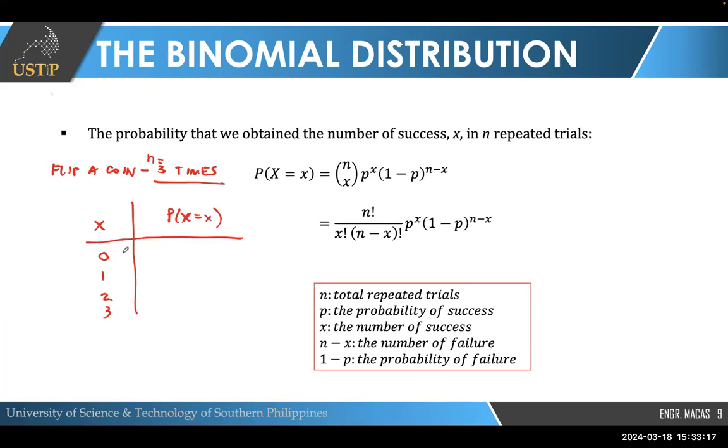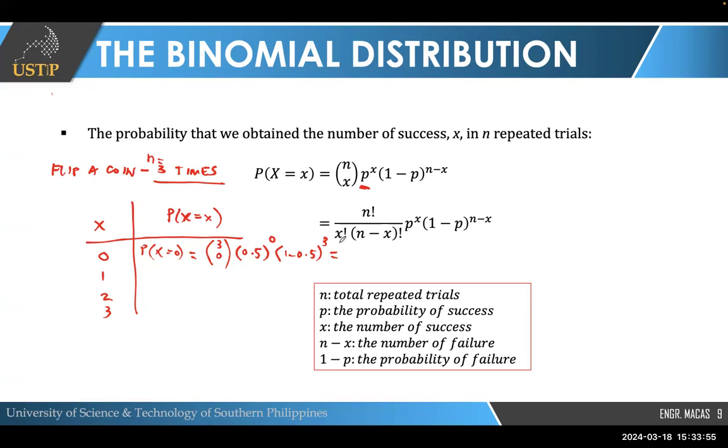Okay, so the probability of getting no head in 3 flips is basically P of X equal to 0. That is the combination of 3 choose 0 times the probability of getting a head. This p is the probability of success, no? So head is 0.5 raised to 0 times 1 minus 0.5, basically 0.5 raised to 3. So what is the value?